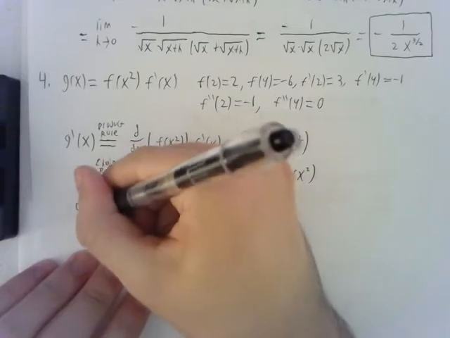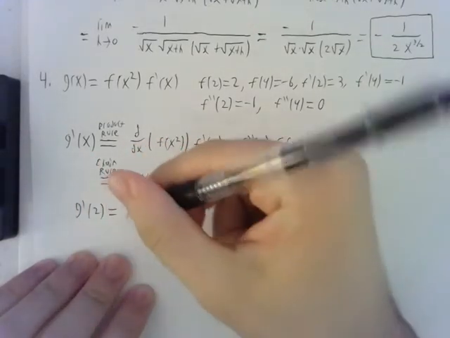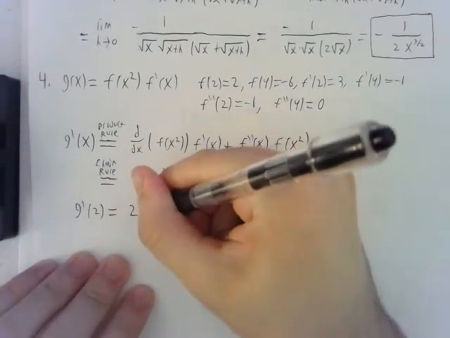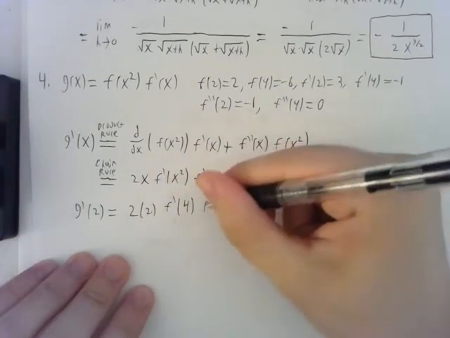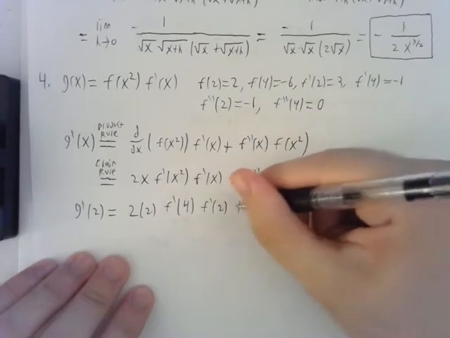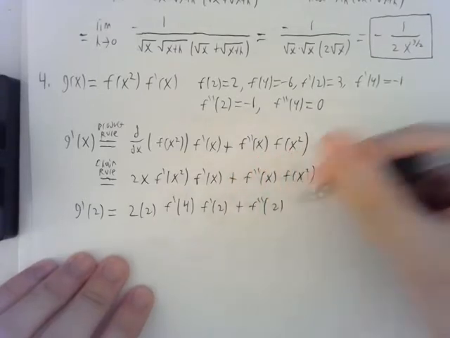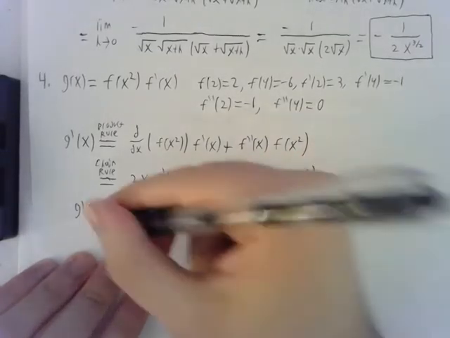So to find g prime of 2, we just plug in 2 everywhere. So it's 2 times 2, f prime of 2 squared, which is 4, f prime of 4, plus f double prime of 4, f of 4.